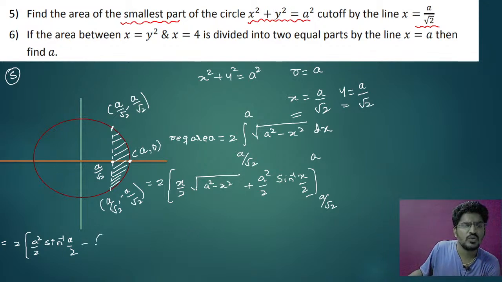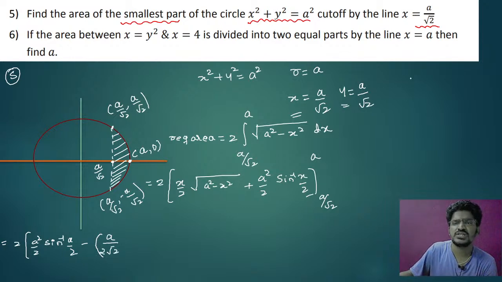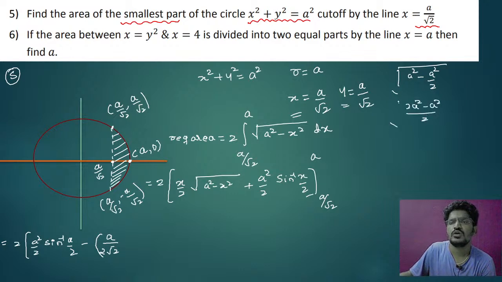So now you see what is lower limit. You put x value here. That will be a divided by 2 root 2, times square root of a square minus, you put the value of x, that is a by root 2, that will be a square by 2. If you simplify this, 2a square minus a square by 2 whole root, this will be equal to a by root 2.